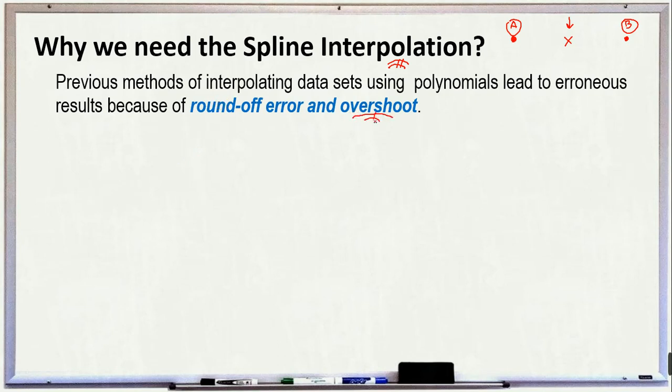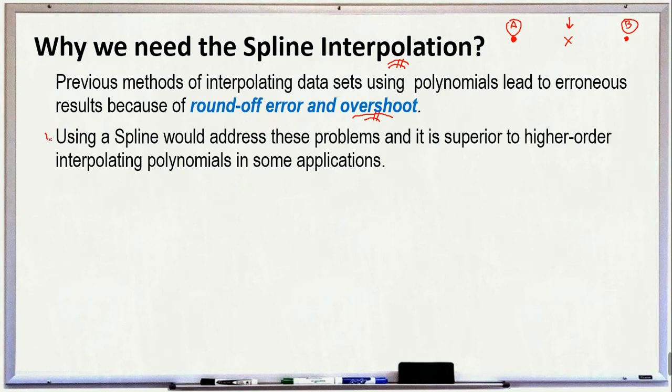So we call that one overshoot and round off error. We can visualize this one later. Then using this spline, it addresses this problem, and it is superior to higher order interpolating polynomials. So kindly watch the recorded video previously so that you can appreciate the polynomial interpolation method, because this one is a different thing. It's the spline interpolation, not the polynomial.